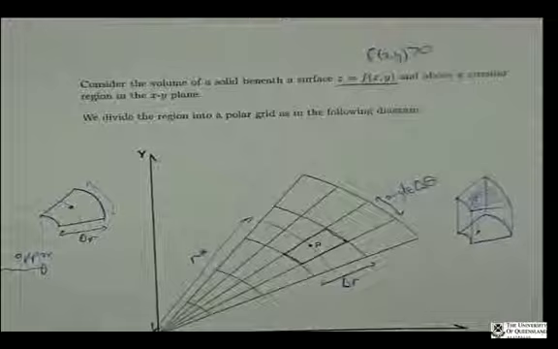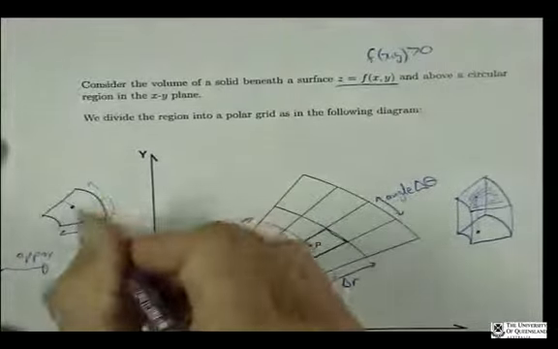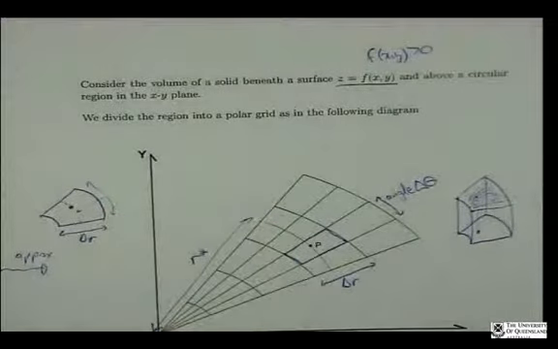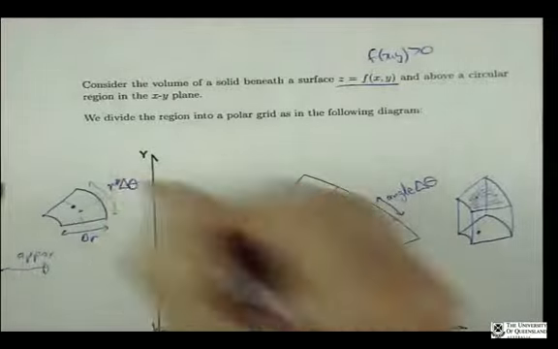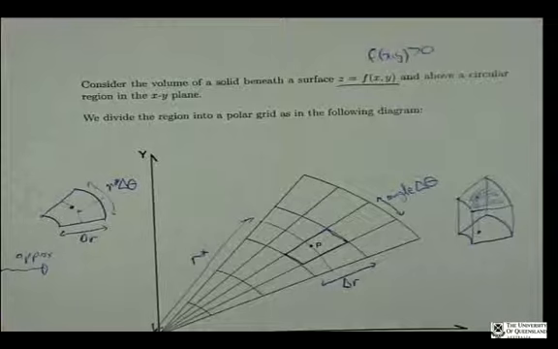So what is that length there? I'm really talking about the length of that circular arc. I can just take that to be r star times delta theta. It's just the formula for part of the arc of a circle.